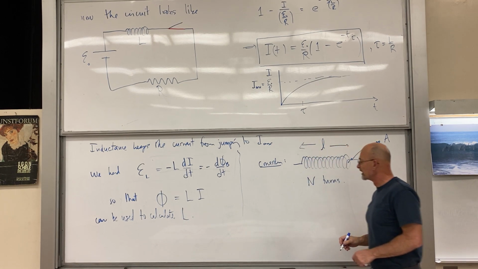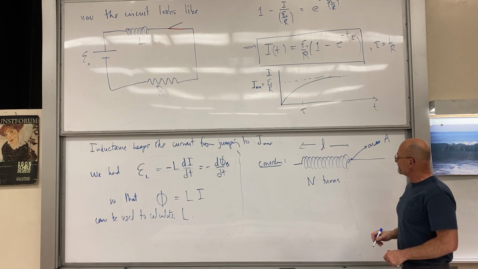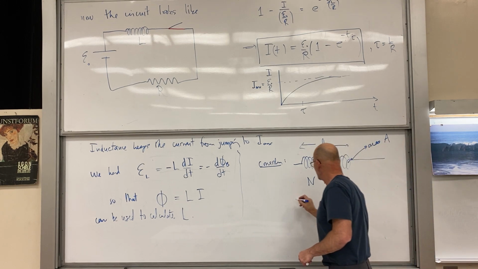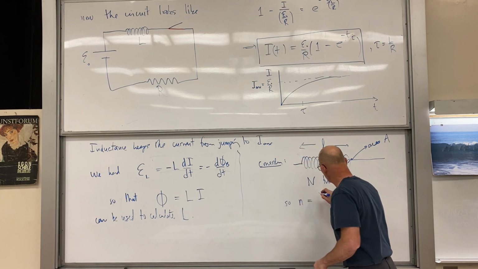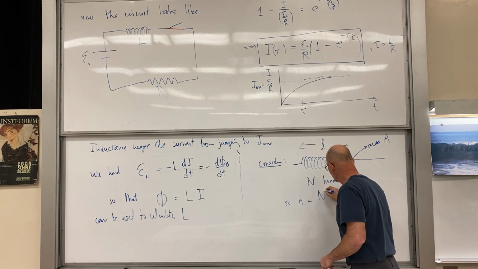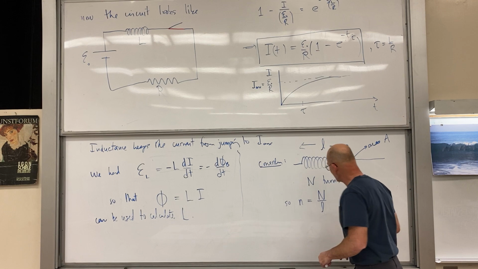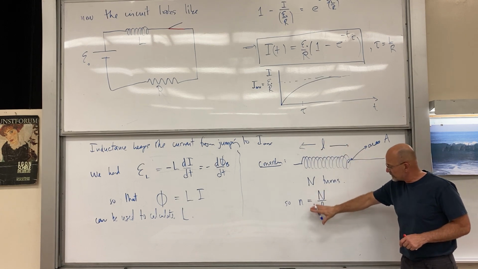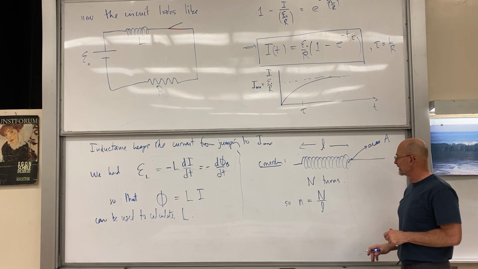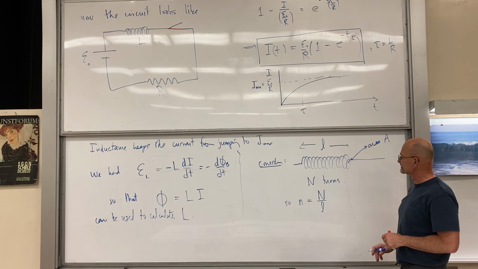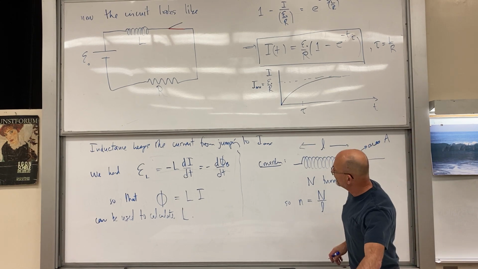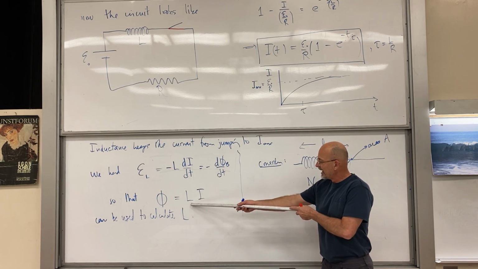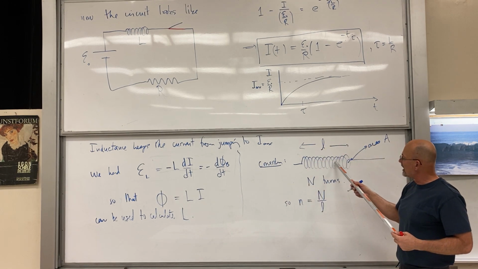Okay. So we can say lowercase n is just going to be this number of turns divided by L, but of course it can also be the number of turns per unit length if we want. Okay. And what we want to do is figure out L for this object here.